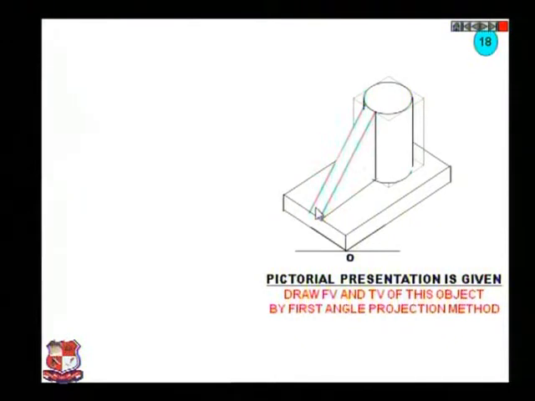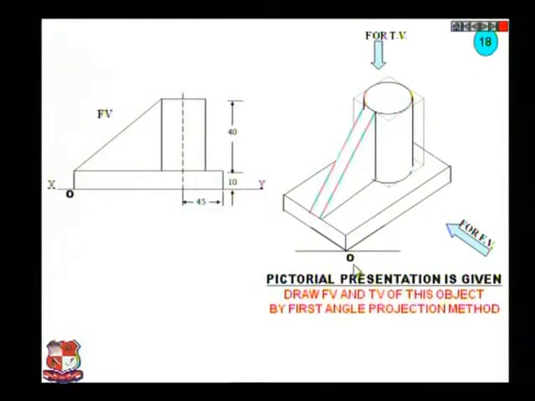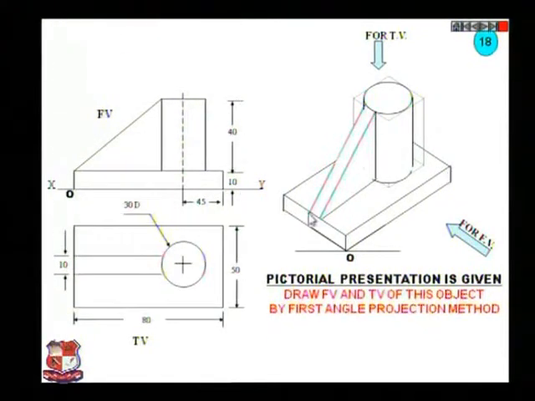Another problem: the pictorial representation is given over here. This is the object, front view, top view, and this is the front view of this object. Height is 40 millimeter. This height is 10 millimeter, and this is 45 millimeter, the distance from the center of this circle or cylinder to this edge. And this is the top view of this object, in which the circle would be visible.